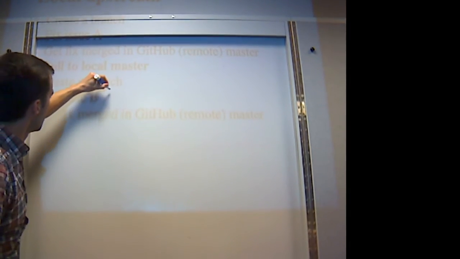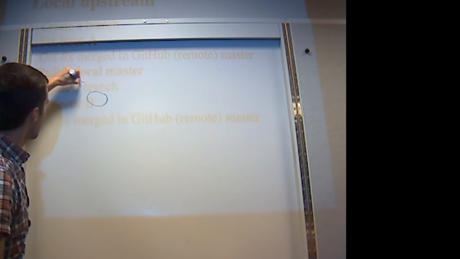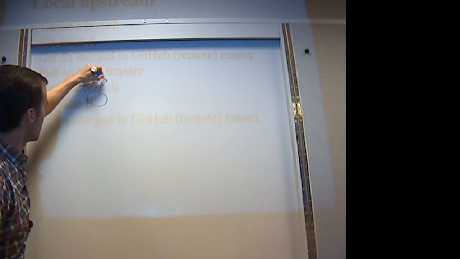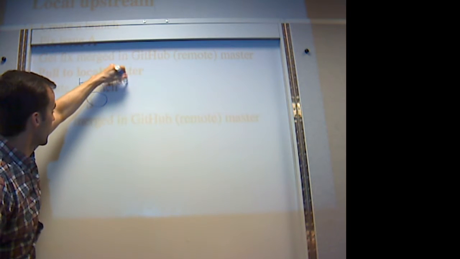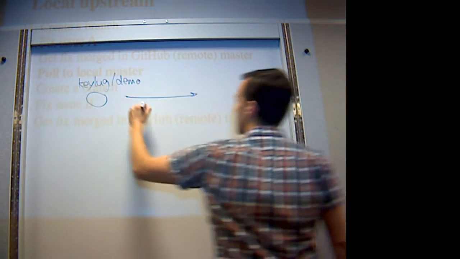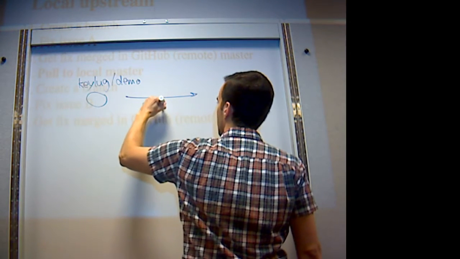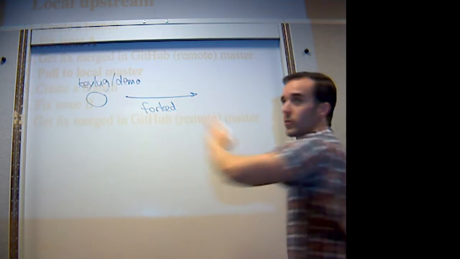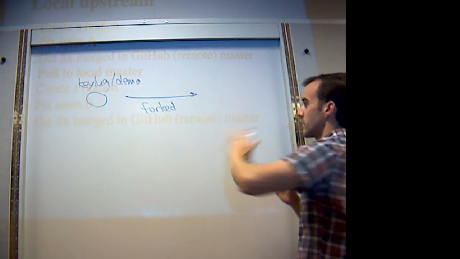All right. So we have the KeyLUG demo as our one repository. Step 1 was I forked, because I don't have write access to this repository at all.